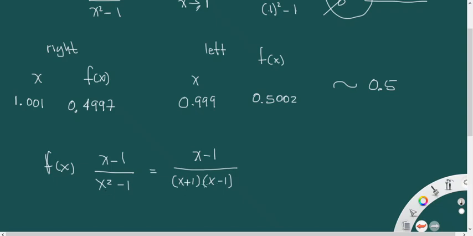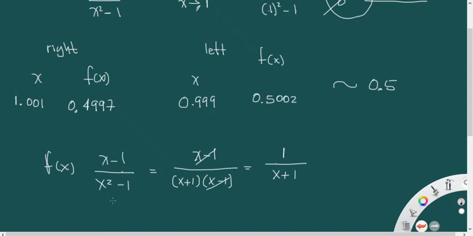So from here, I can cancel out this x minus 1 with this one, and this will be equal to 1 divided by x plus 1.